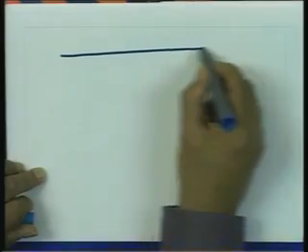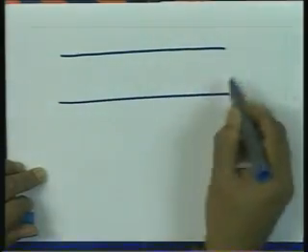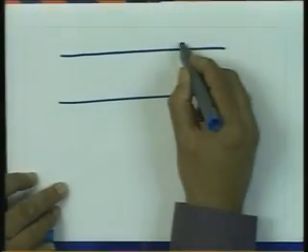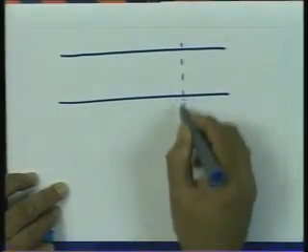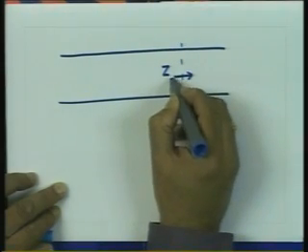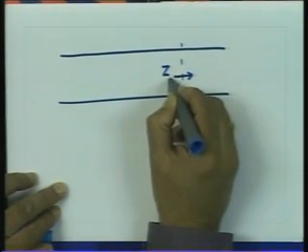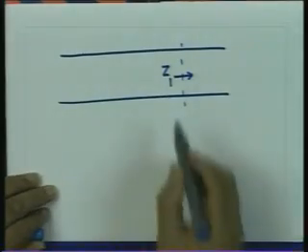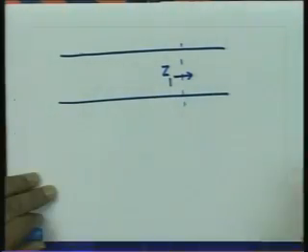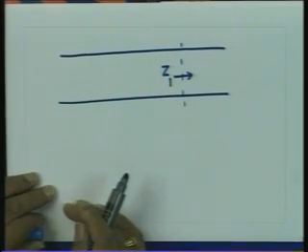So, what we are saying now is, in general, if I have a transmission line which might be connected to some load, and if I measure at some location an impedance Z1, I am showing the arrow just to indicate that the generator is on the left side. So, energy flow is in this direction.